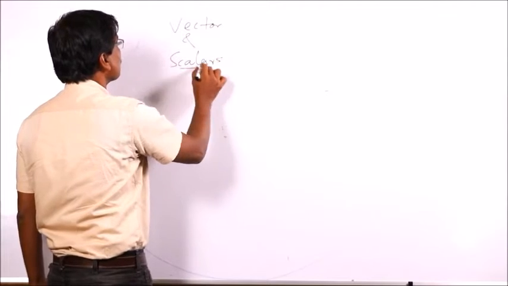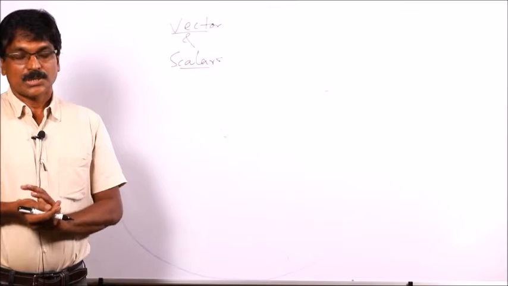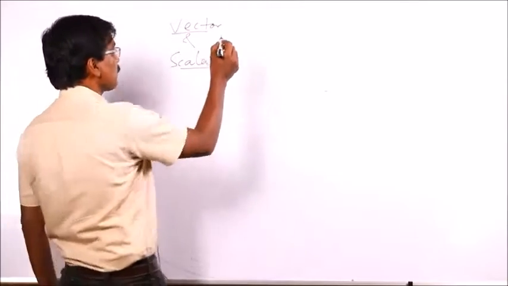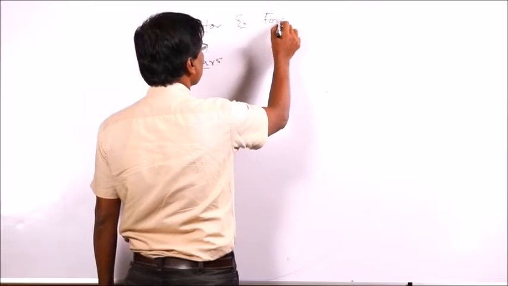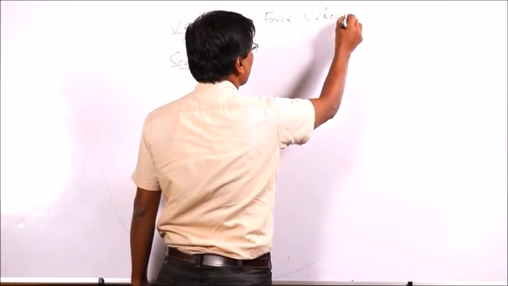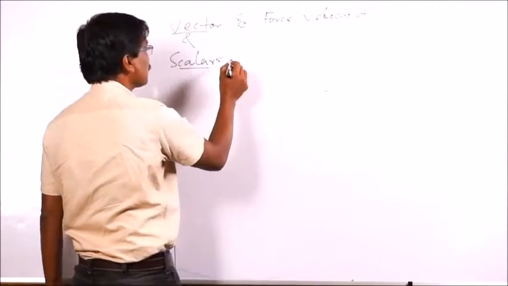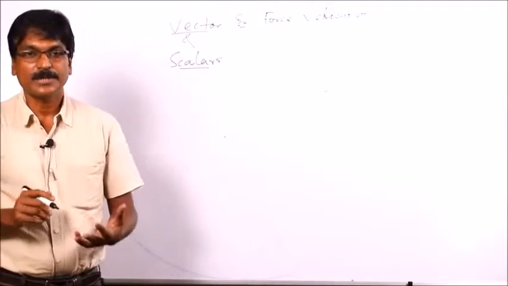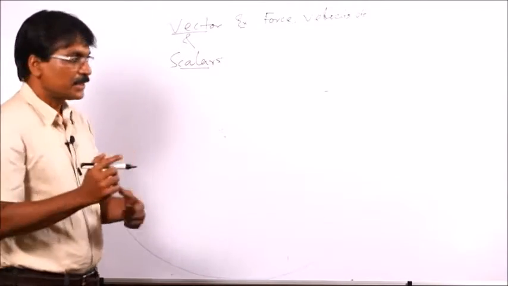Examples of vectors are force, velocity, and acceleration, etc. And scalars has one unit of measurement, that is mass, length, etc.